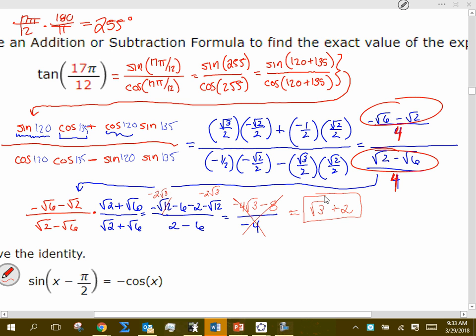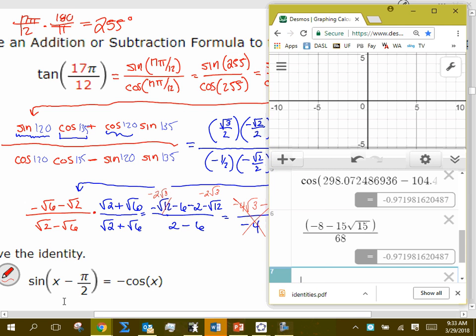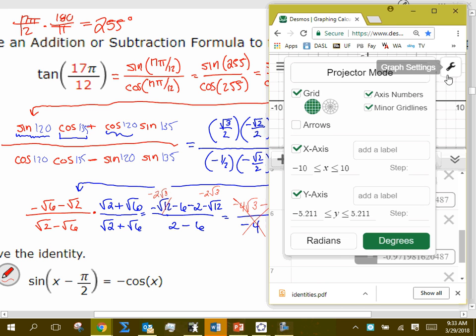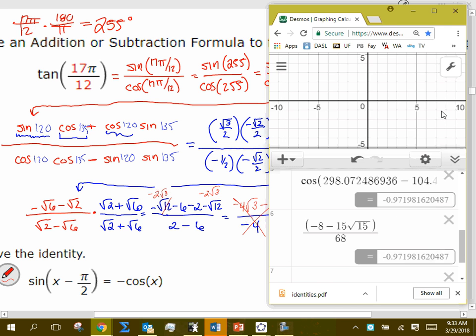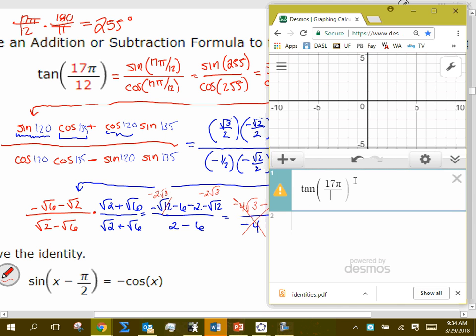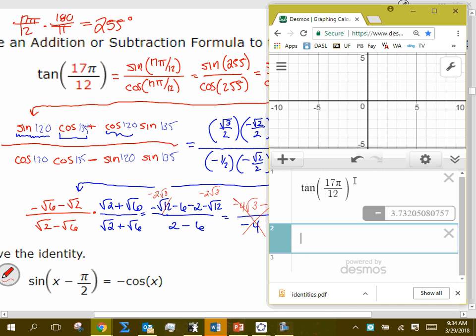Okay. Let's see if we've done things right. Should be able to take tangent. I've got to make sure my mode is in radians here, but tangent 17 pi over 12 gives me 3.73.